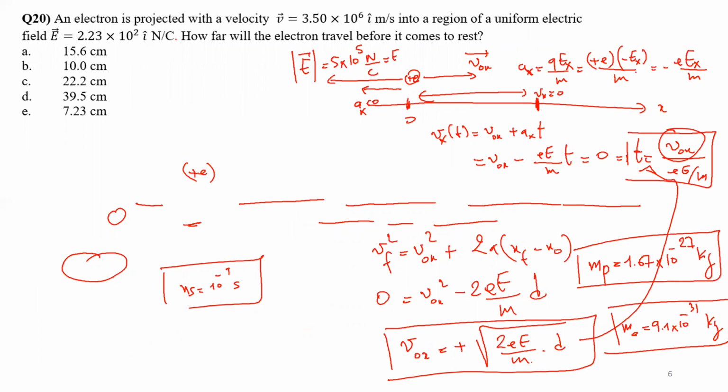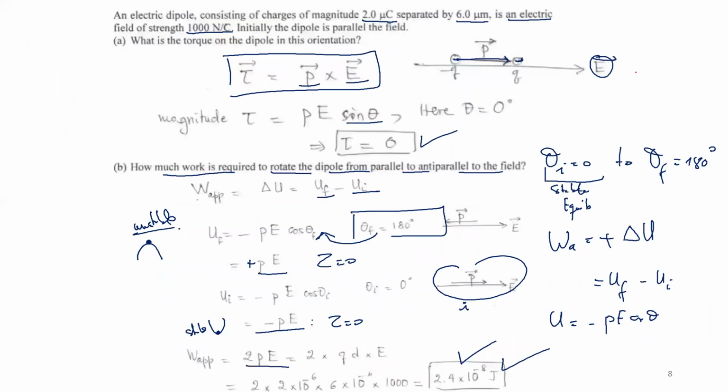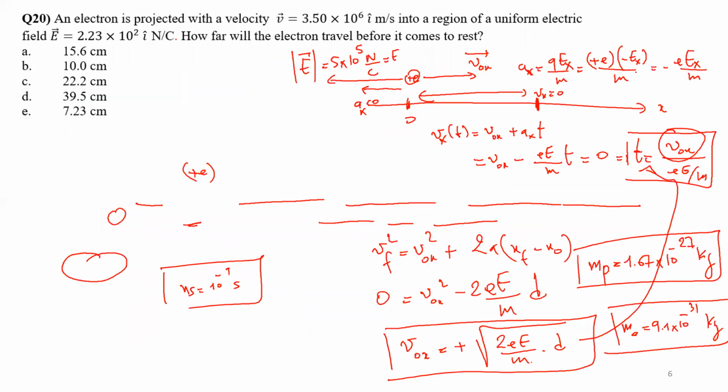The electrostatic force. Okay? These are the problems that we already solved before. So I did not talk about gravitational force. Why? Because the gravitational force, Fg, which is mg, is very, very small compared to what? Electrostatic force. And electrostatic force is QE.